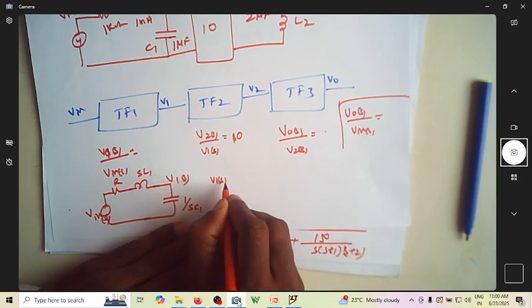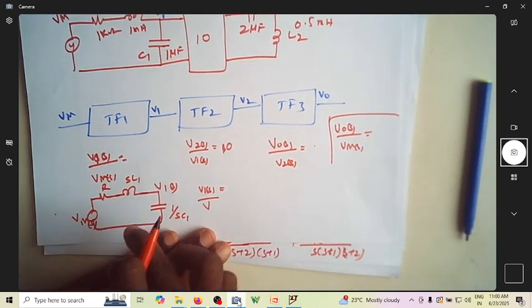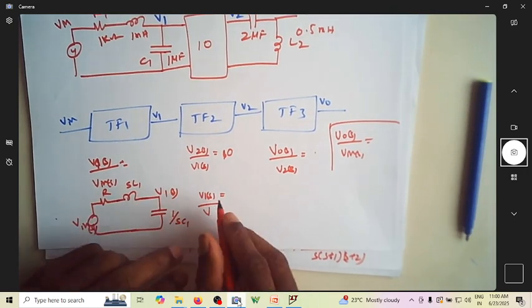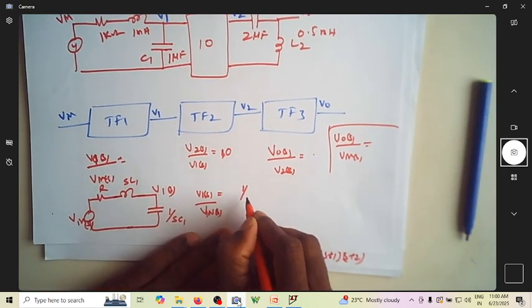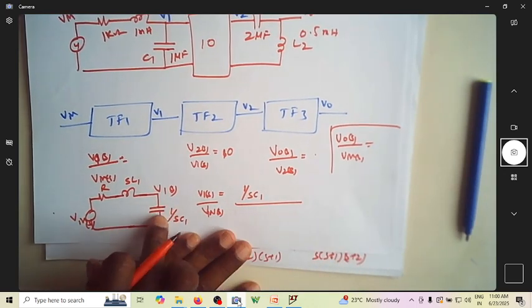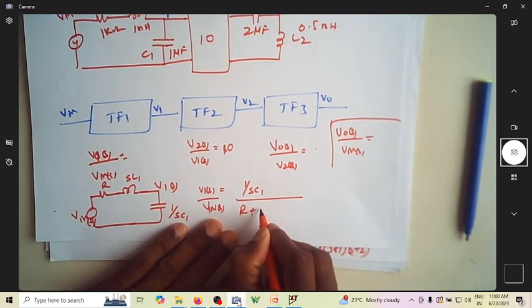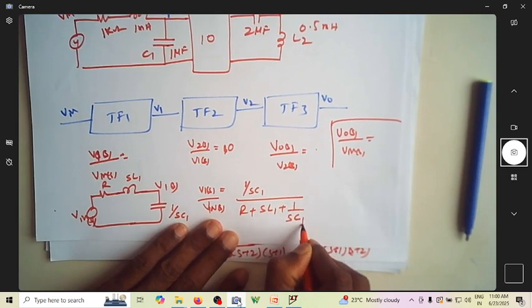The voltage drop across this is nothing but V1 of S. So I can write V1 of S by Vn of S as equal to 1 over SC1, the impedance of this, divided by the overall impedance. Overall impedance is R plus SL1 plus 1 over SC1.